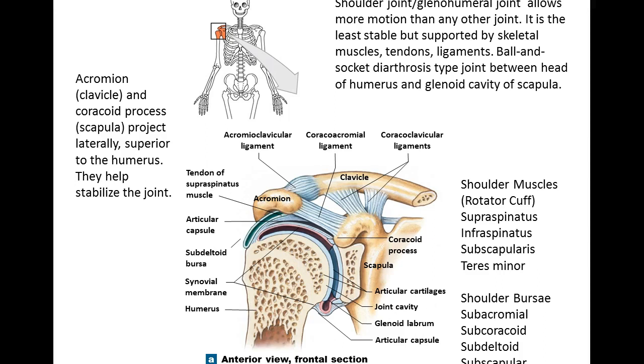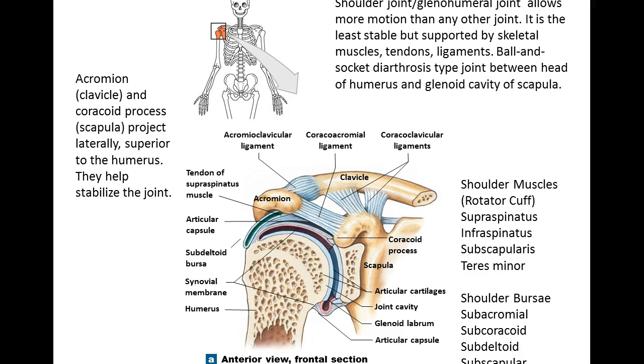Those are both off the scapula, and they will come in contact with the humerus into the glenoid cavity, and it's the ligaments attached between them that help stabilize that shoulder joint.